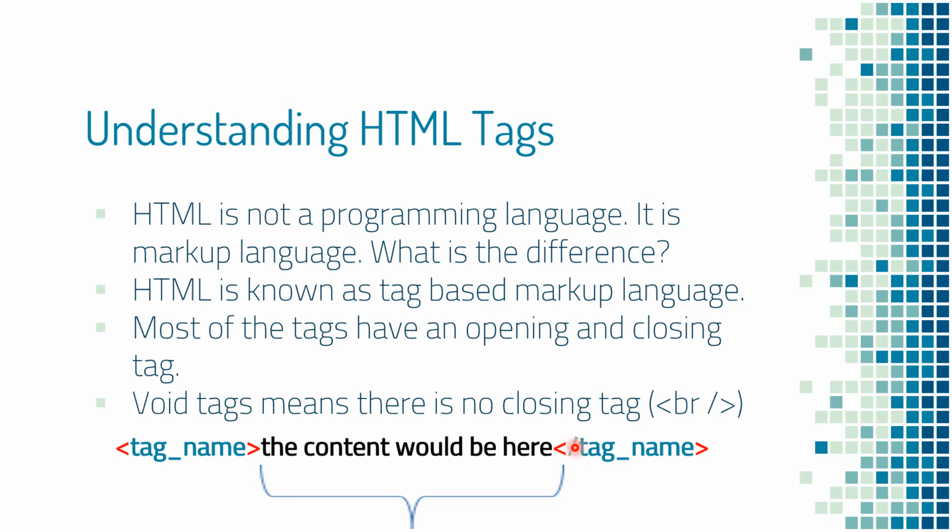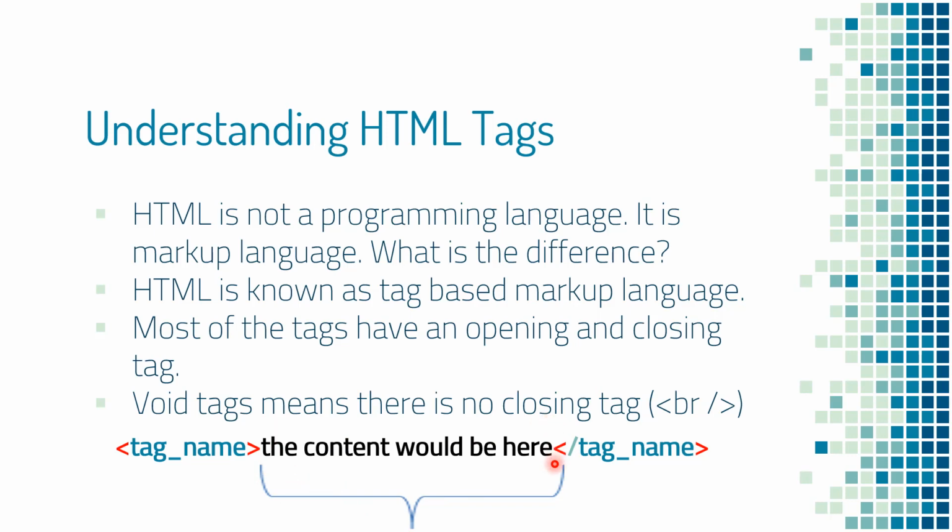In other words, this is where the effect is going to start, and all the enclosed text here will take the effects of this tag until it's closed off here. So once it's closed, the effect on this text will start from the T and end at the E.